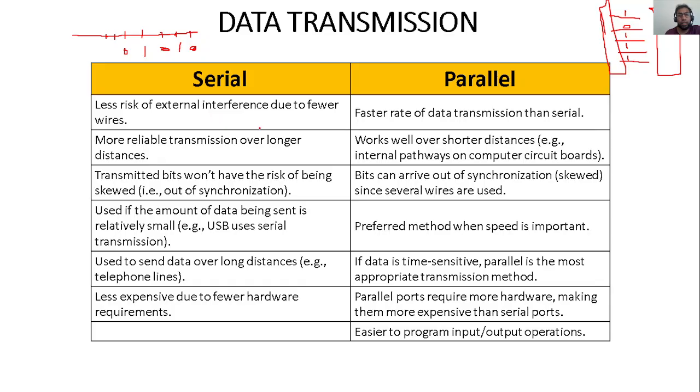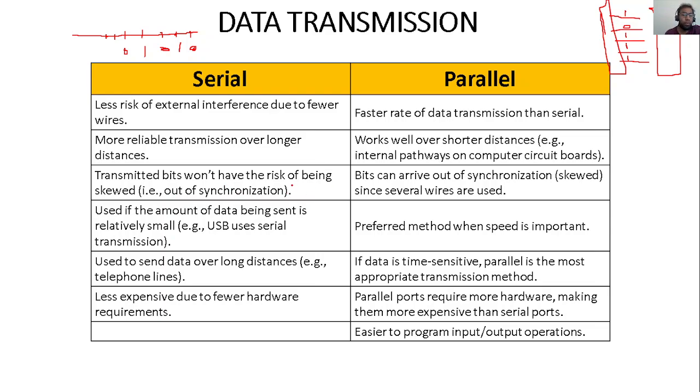Less risk of external interference due to fewer wires, because wires are fewer, so this is why external interference chances are low. Faster rate of data transmission than serial, more reliable transmission over long distances. Serial is more reliable, and parallel is for short distances. Now, transmitted bits won't have the risk of being skewed.